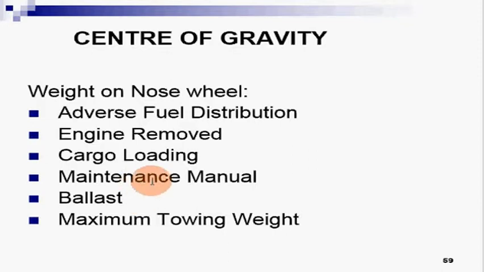You have to analyze all these things, because their movement can shift the center of gravity of an aircraft, and if the position of the center of gravity is changed, the towing procedures would also have some changes.